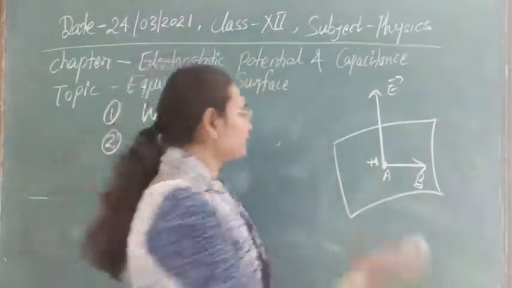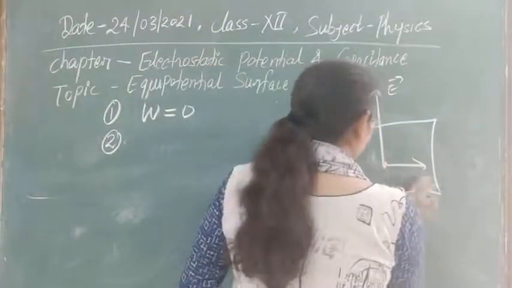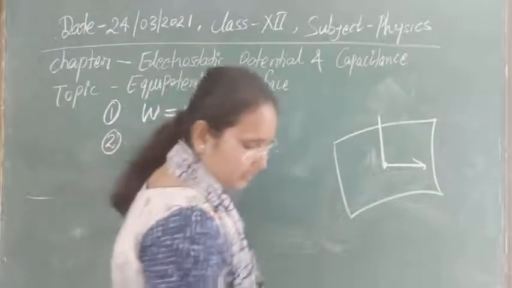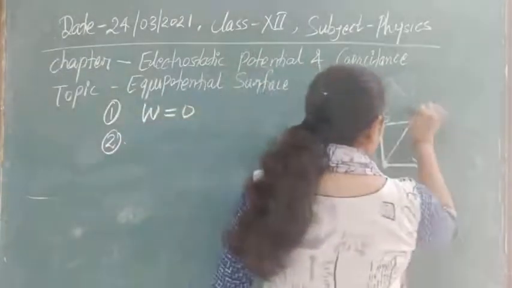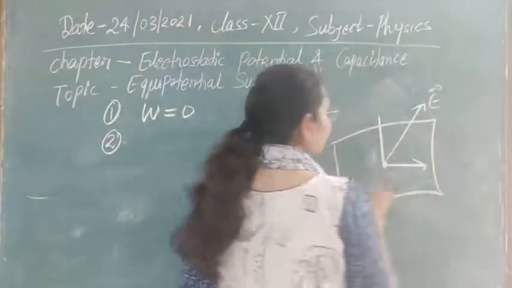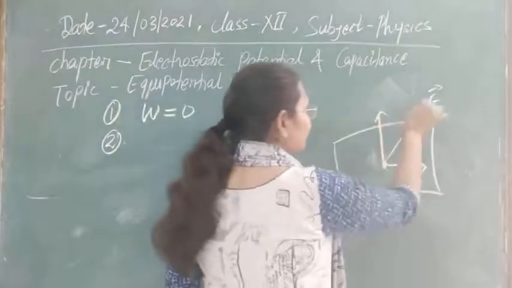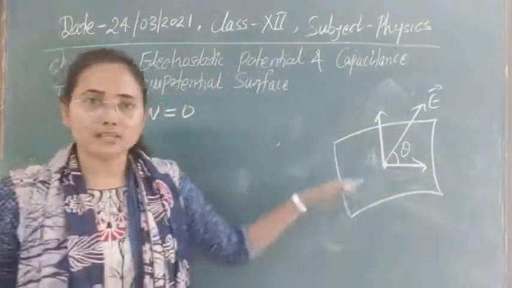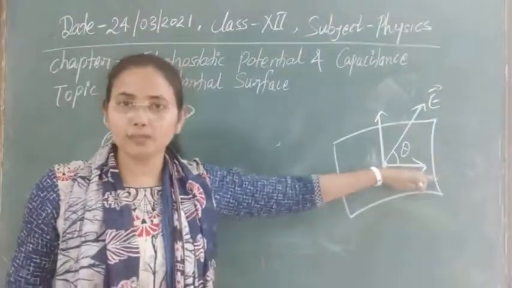For that, let's take the direction of the electric field in any random direction. Suppose this is the direction of the electric field, and it makes an angle theta with the horizontal direction of this equipotential surface.